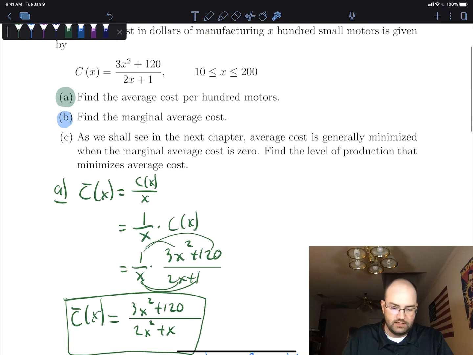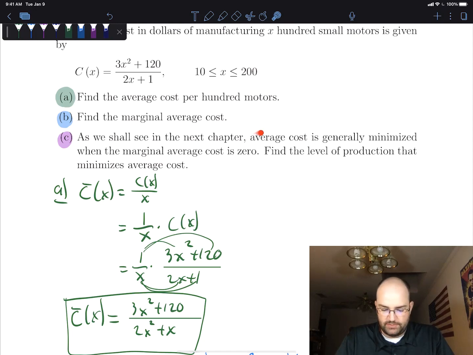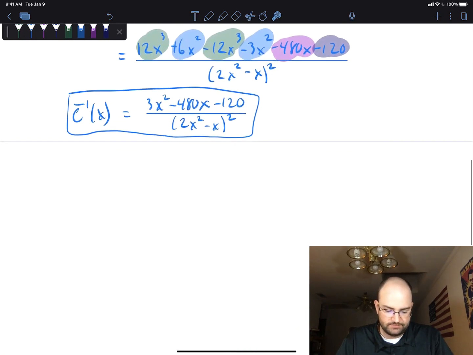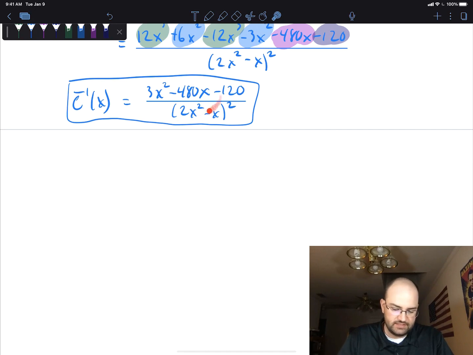Alrighty. Now for C, as we'll see in the next chapter, the average cost is generally minimized when the marginal average cost is 0. So find the level of production that minimizes average cost. In other words, take this answer here and set it equal to 0 and solve.